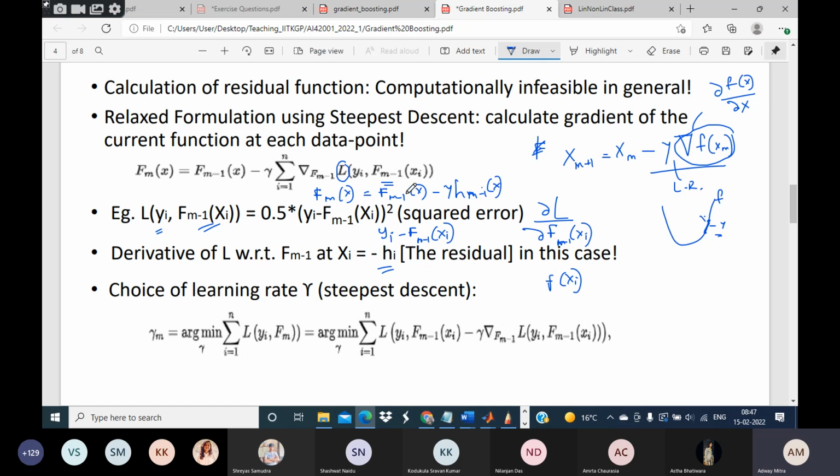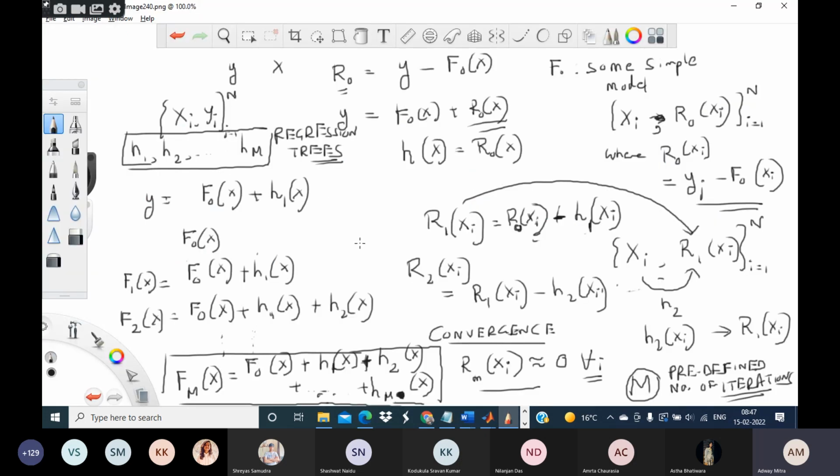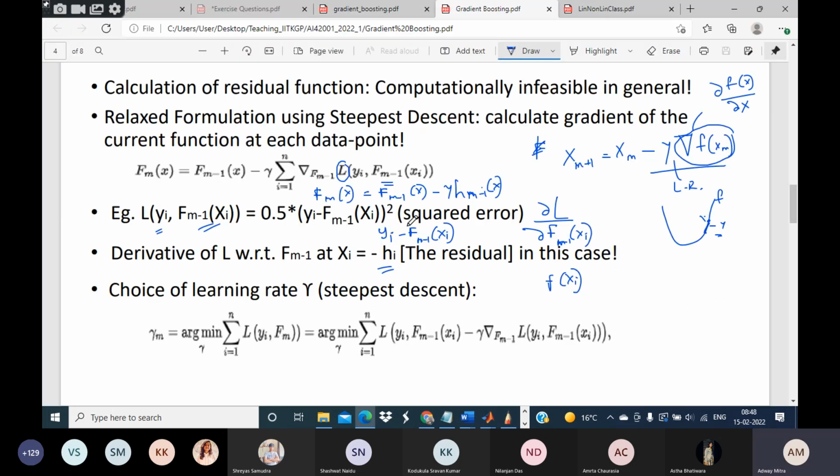Now we can see a very canny similarity between what we are writing now and what we were doing here. What we were doing here is f_m(x) was equal to f_{m-1}(x) plus h_m(x), correct? So what we are getting here is, instead of calling it m minus 1, we can just call it m.